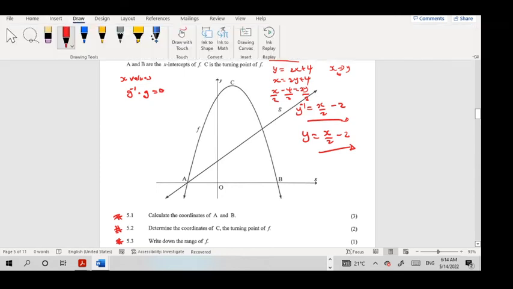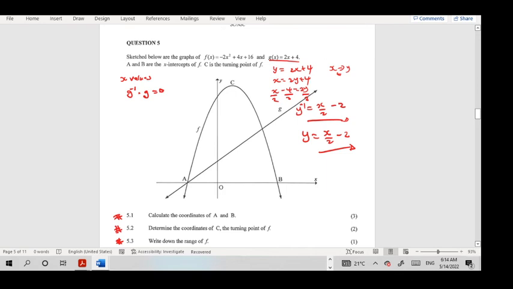So let's first present our inverse in this diagram here to understand what's happening.